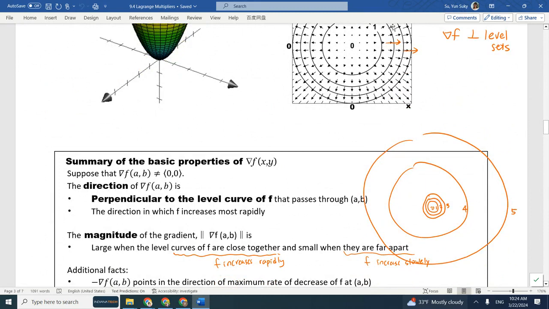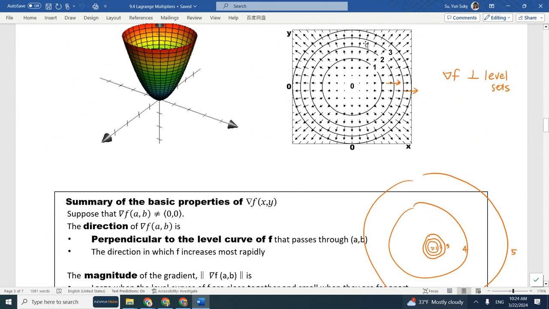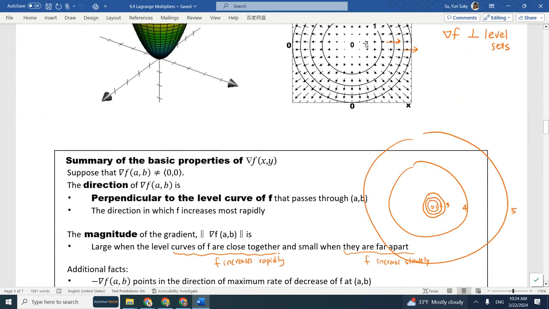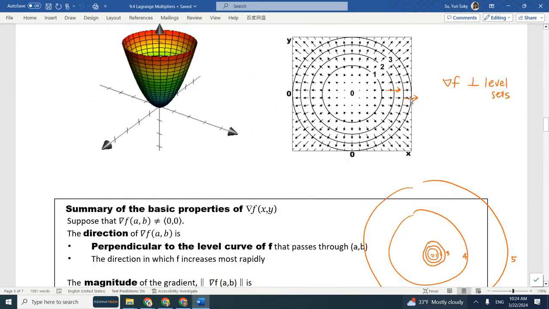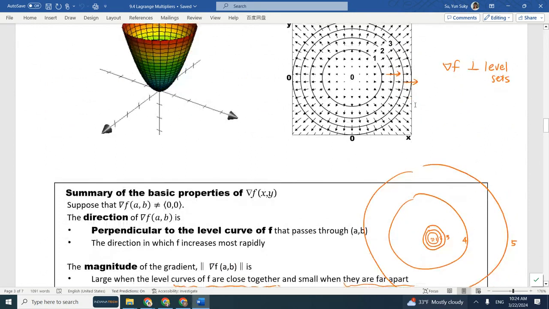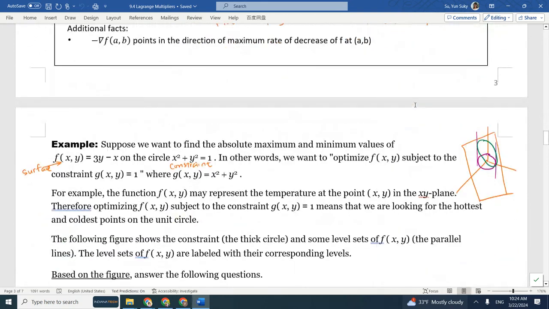You see the arrow is small when f increases slowly. That's the magnitude of the vector. And also the vector is perpendicular to the level curves, right? You cut the surface into many slices using horizontal planes, like z equals a number, and you can see the gradient vector is perpendicular to the level curves.